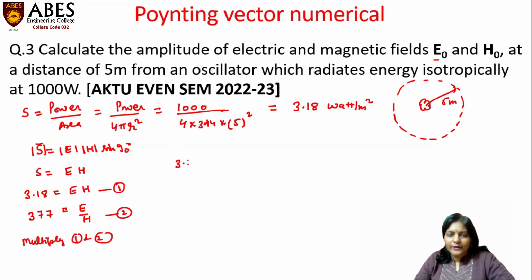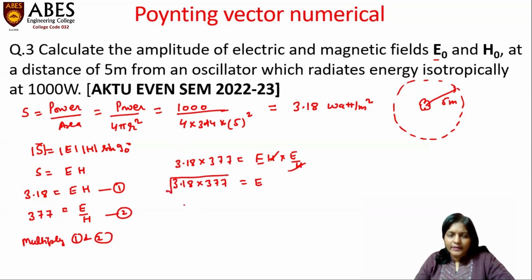It will be 3.18 into 377 is equal to EH multiplied by E by H, which gives E square, and E will be the square root of 3.18 into 377.